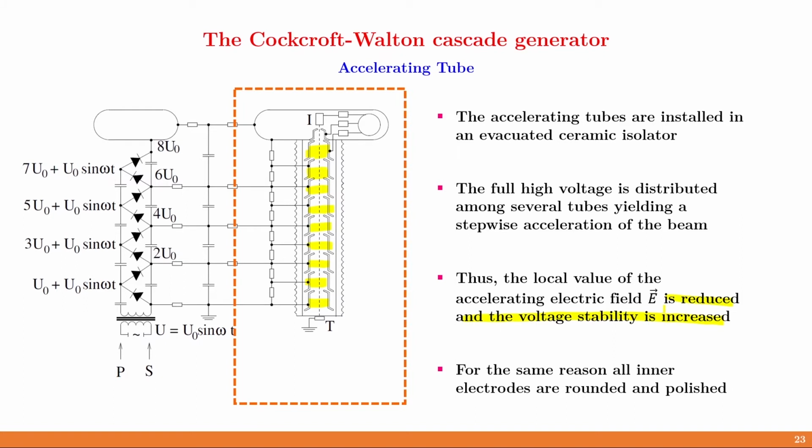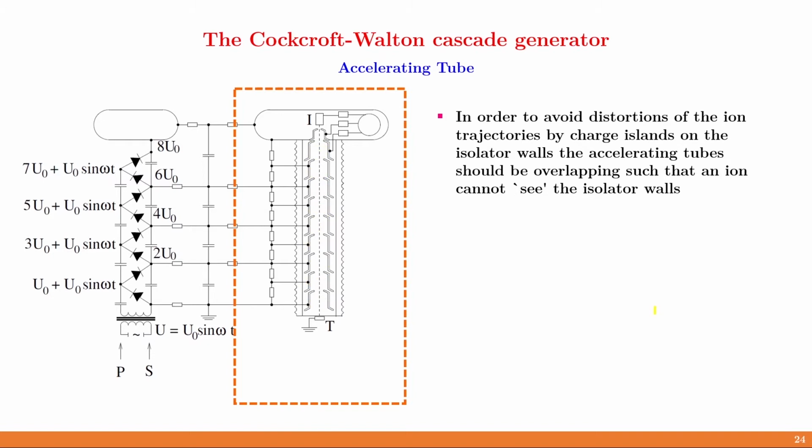For the same reason, all inner electrodes are rounded and polished. In order to avoid distortions of the ion trajectories by charge islands on the isolator walls, the accelerating tubes should be overlapping such that an ion cannot see the isolator walls.